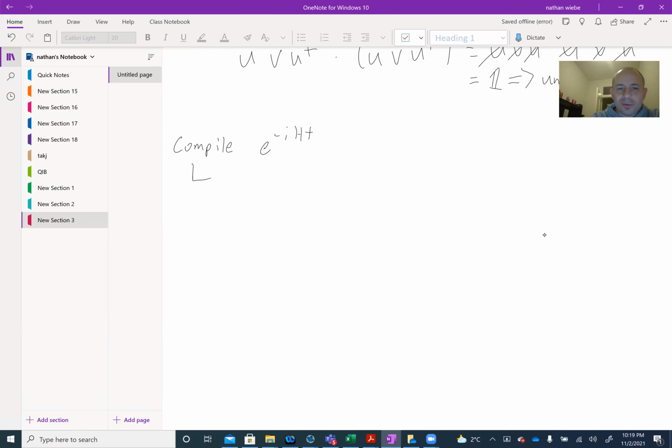And this act of compiling is often called in the literature quantum simulation.